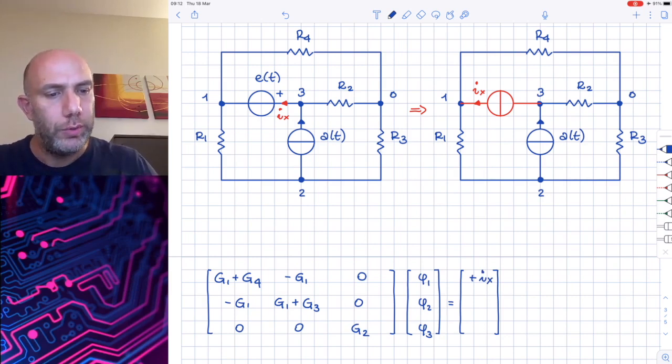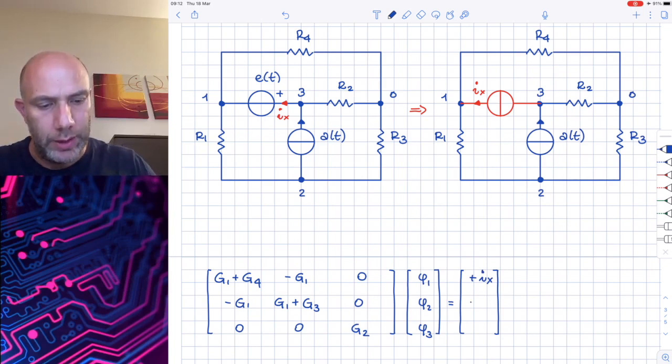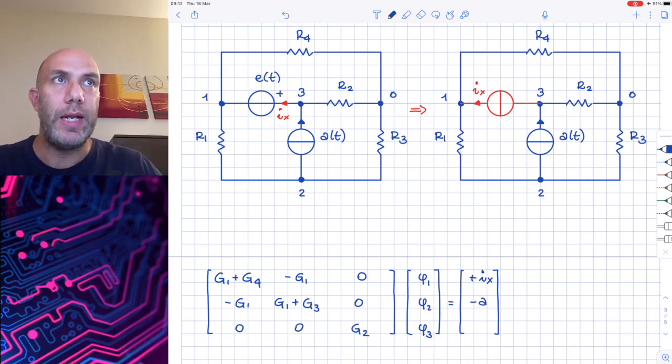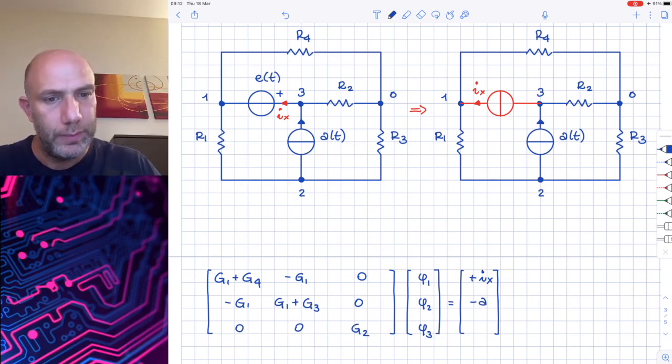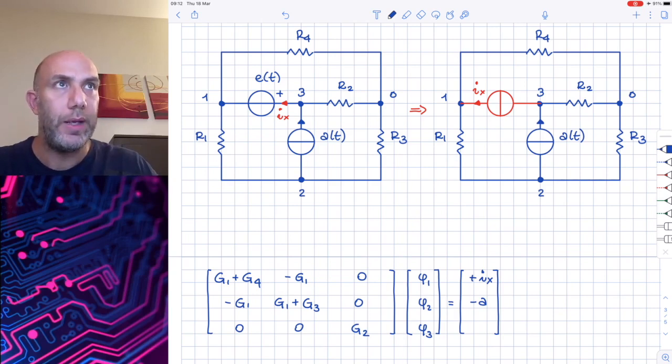For node 2, we have the current A that is leaving, and so we have minus A. And finally, for node 3, we have the currents Ix and A that are connected to the node, and so we have A minus Ix.